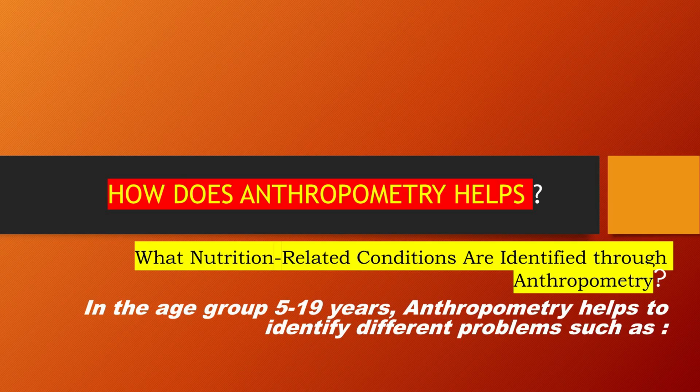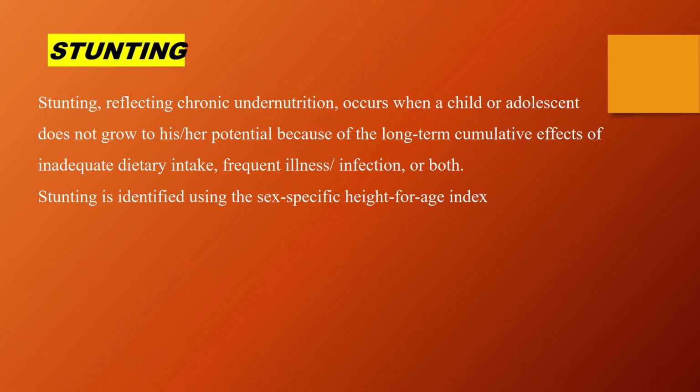Now, what are those? The first is the stunting condition, which one has to study. Now, what does stunting mean? Stunting is that condition where you find that you are under chronic malnutrition. It is a reflection of chronic undernutrition.